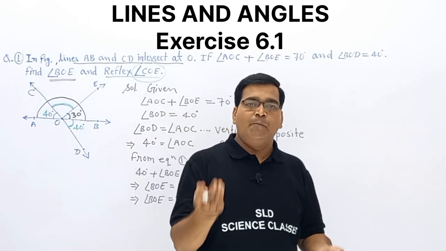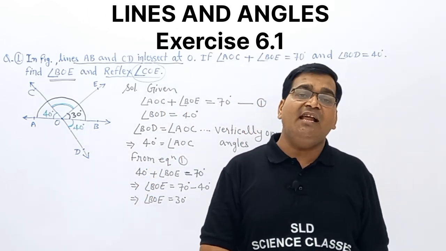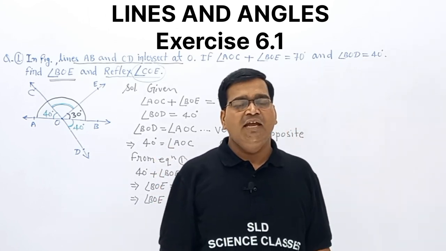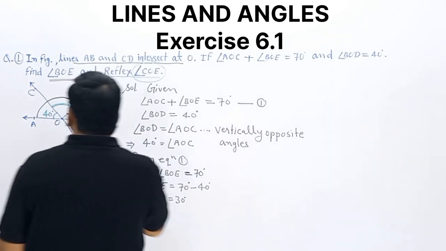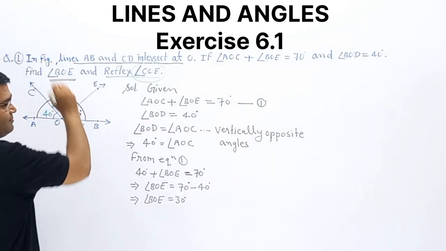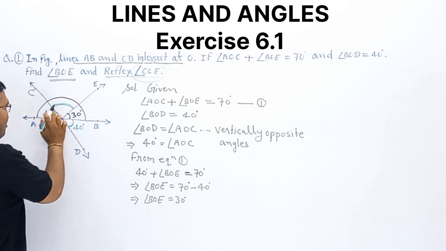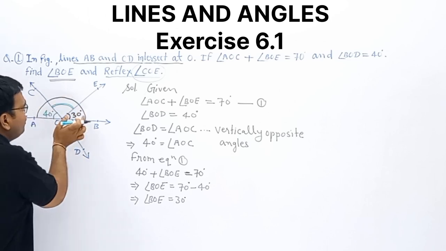The complete angle around a point is 360, but at a straight line, what is the angle? It will be 180 degrees. And how do we obtain 180 degrees? By the sum of these angles, this plus this plus this. All three angles sum to 180.